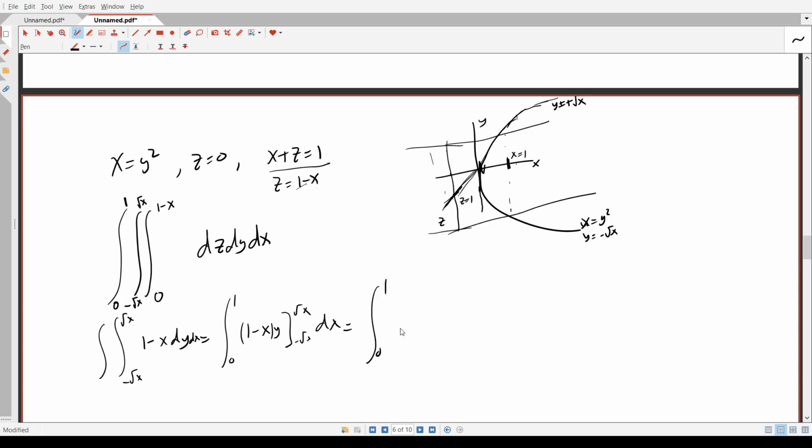That's going to be the integral from 0 to 1, and I'm going to end up with 2 times 1 minus x times root x dx. And then that's just a regular integral from 0 to 1. Bring the 2 out. That's root x minus x to the 3 halves.